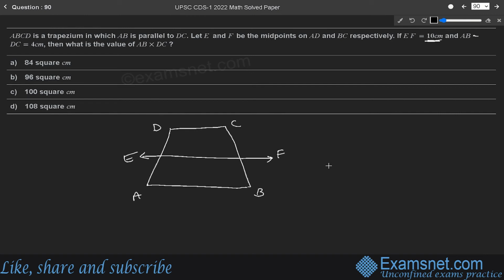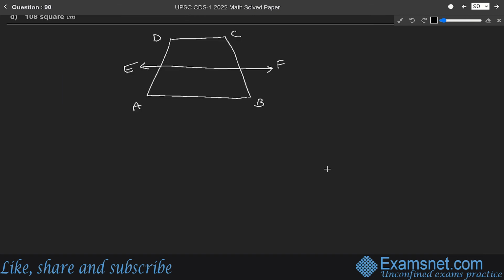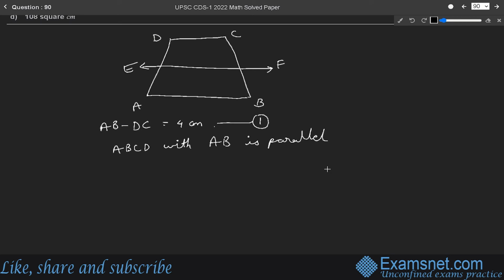In the question it is given that AB minus DC is equals to 4 centimeter. Let this be equation number 1. We know that E is the midpoint of the side AD of the trapezium. So we can say that ABCD with AB is parallel to DC, and a line through E is drawn parallel to AB intersects BC.